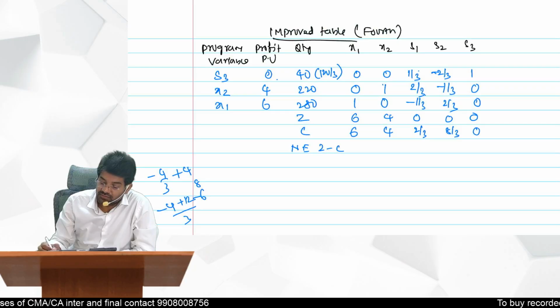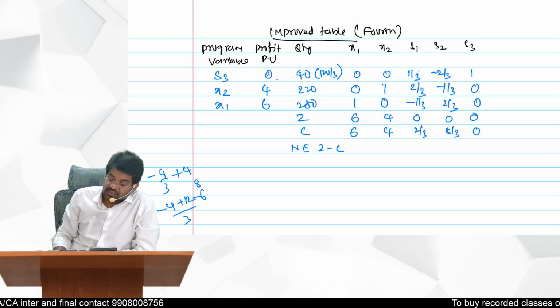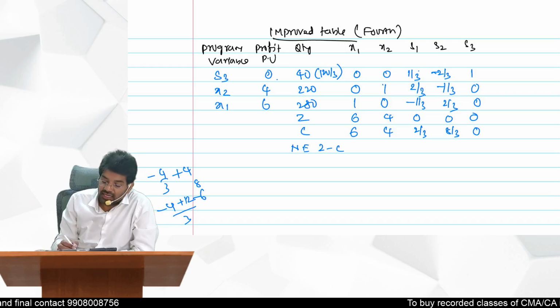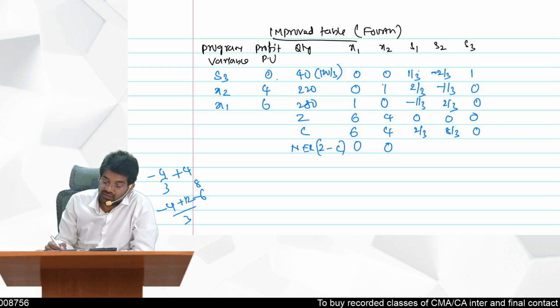Last one is 0, all zeros only. So now NER you can calculate: Z minus C, 6 minus 6 is 0, 4 minus 4 is 0, minus 2 by 3, minus 8 by 3, 0.